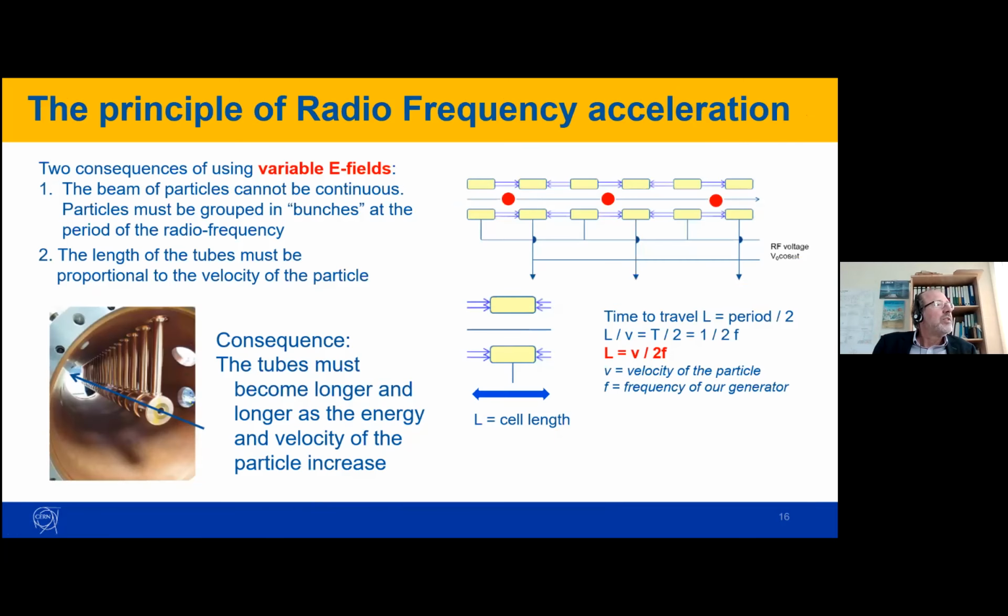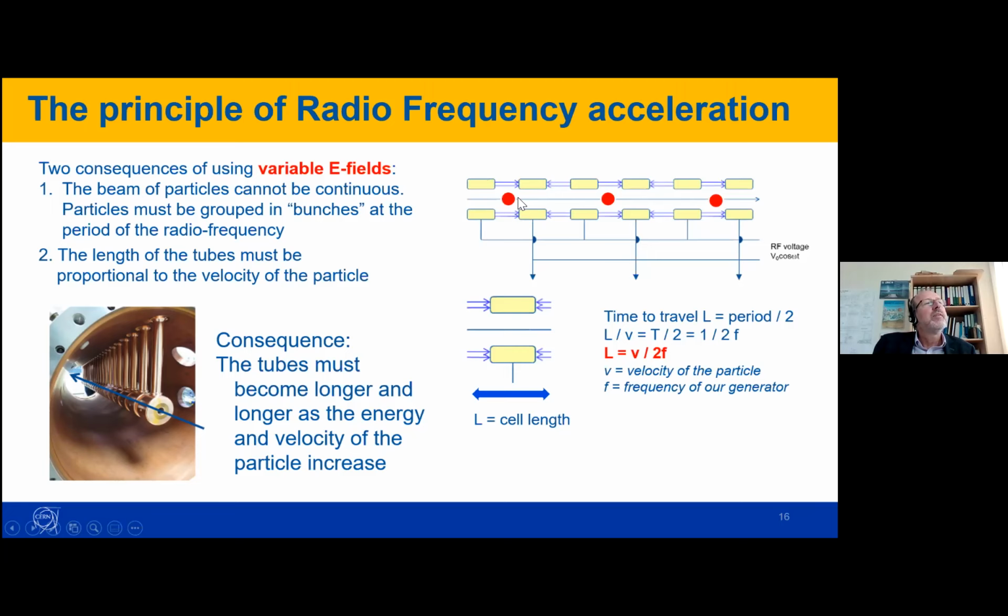So how does it work? The point is that, for example, with protons, you don't have a continuous flow of protons. This is the first thing that you have to understand. The protons come in bunches, in groups of protons. The protons go along, so this is the gap between the tubes, and these are the tubes. The protons are here, they find an accelerating field.